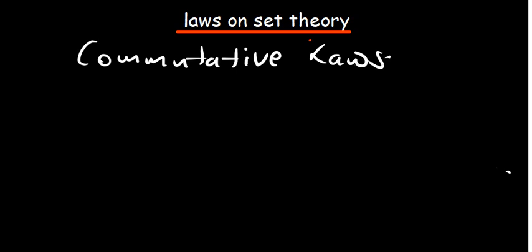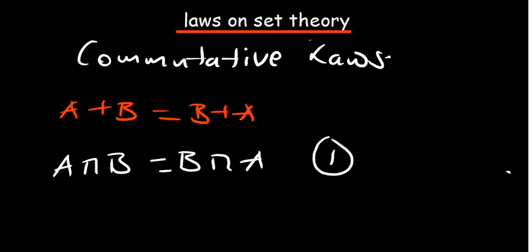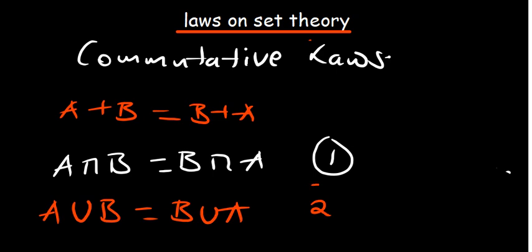A plus B is the same as B plus A. So in terms of our sets, we can say that A intersection B is the same as B intersection A. So this is our first commutative law. The second one is A union B is the same as B union A. So these are the two commutative laws that are very important under set theory.